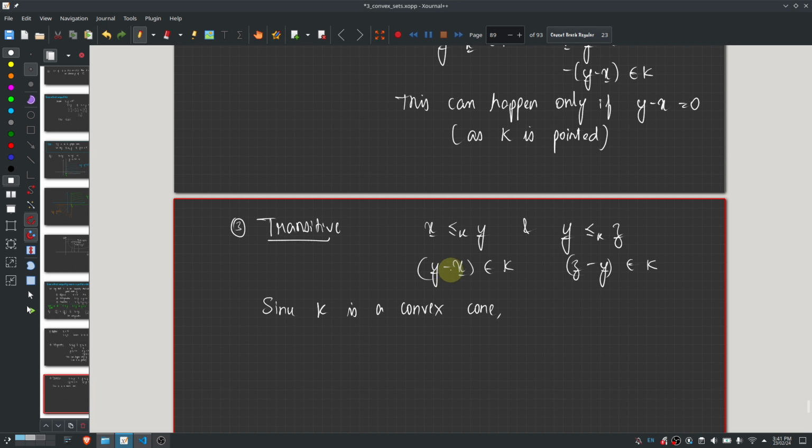So every conic combination of these two vectors should also be in K. In particular, y minus x plus z minus y should belong to the cone, or in other words, z minus x should belong to the cone, which simply means that x is less than or equal to z.